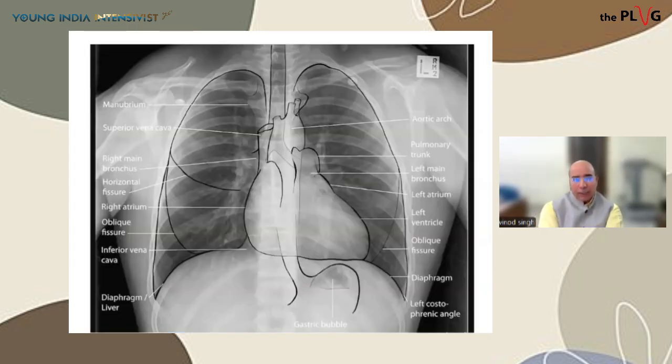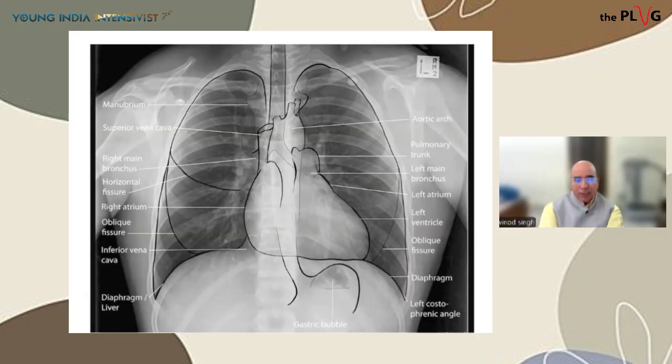We all know that on the PA view of the X-ray, you can see certain structures. You can see the trachea in the center, you can see the carina, and you can see the SVC and also the right atrium as the heart border. Then you can see the left atrium and the left ventricle and the right ventricle. You can see in the PA view the oblique fissure on the right side.